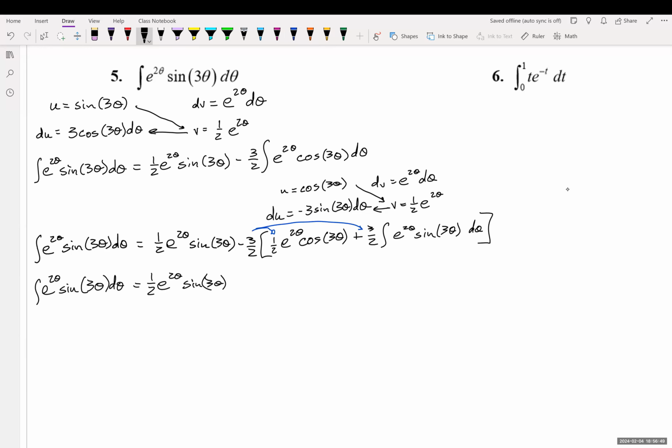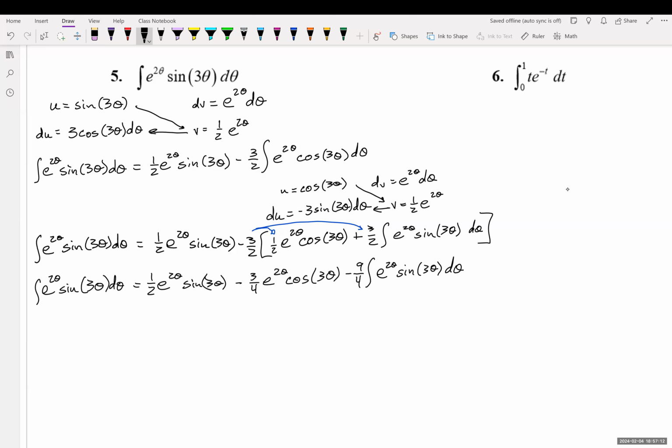And we're going to get what? We're going to get minus 3/4 e to the 2 theta cosine 3 theta. And then that second multiplication, we're going to get a negative 9 over 4, the integral of e to the 2 theta sine 3 theta d theta.